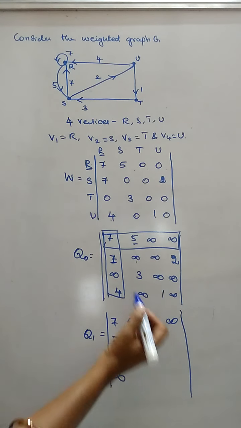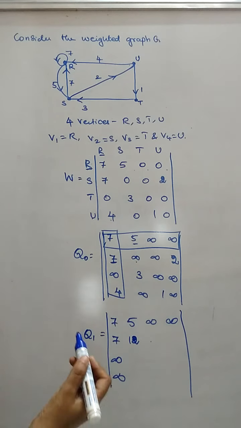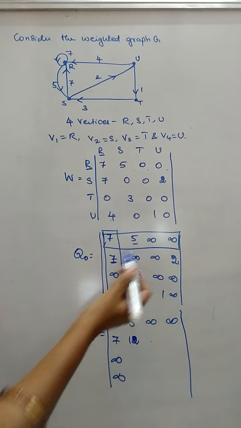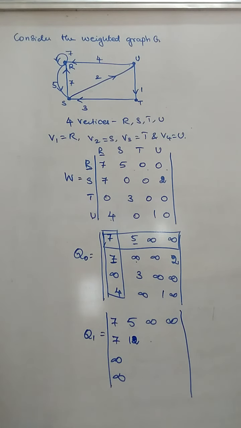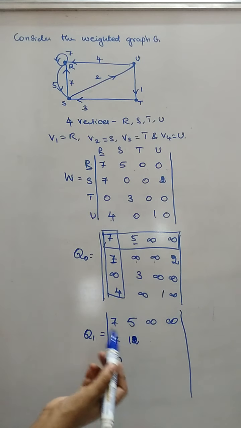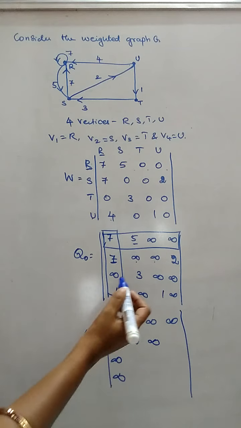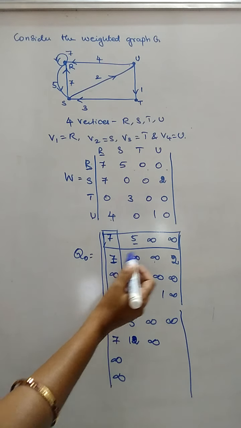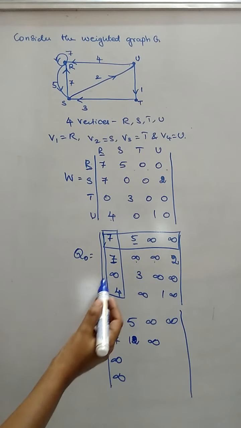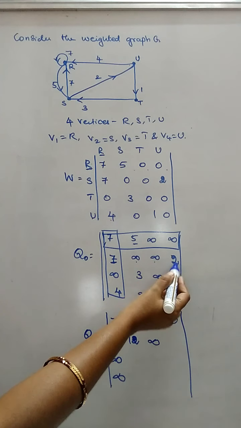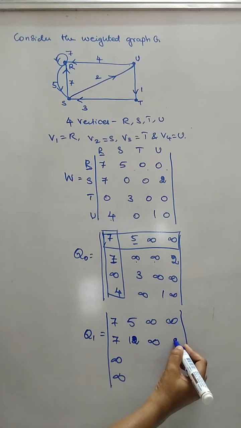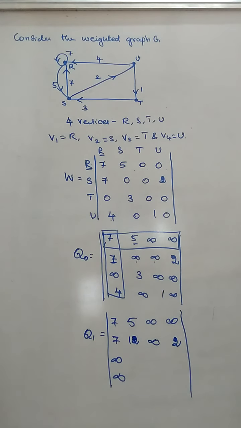Then for filling this element, 7 plus infinity: when I add any element to infinity, I will get infinity only. So infinity compared with infinity means I will get infinity only. Then 7 plus infinity, infinity. When comparing infinity with 2, 2 is the minimum one. So I can write 2 here.